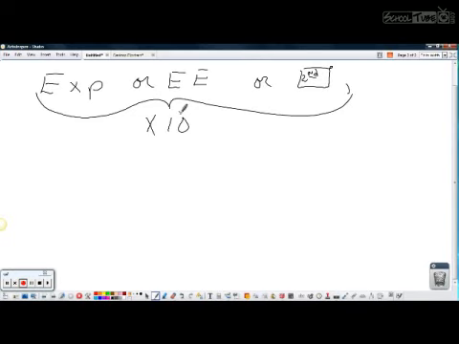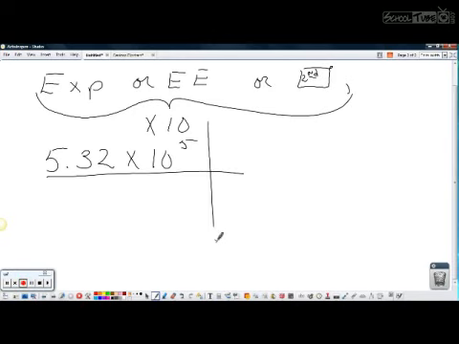Okay? So we're going to say 5.32 times 10 to the 5th times... Now, we're going to learn in the next day or two that this line right here is a division line. This long line is a division line. This vertical line is a times line.